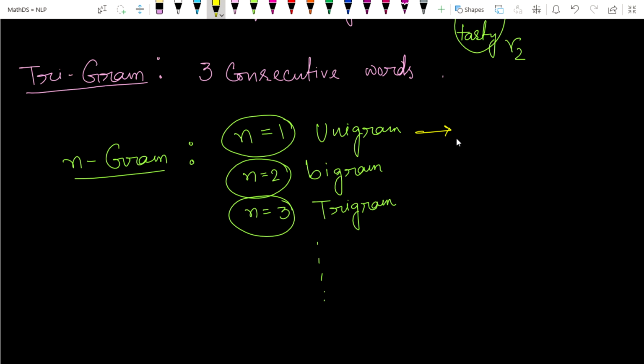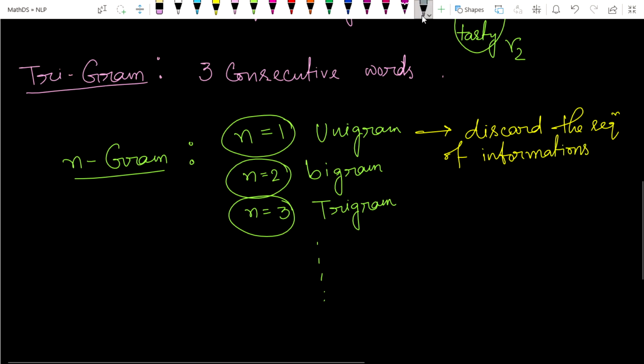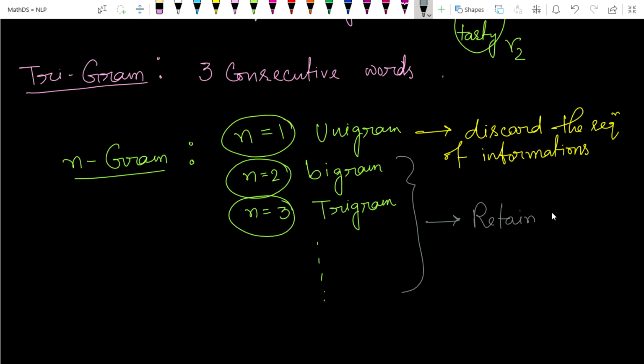If we consider a unigram, it discards the sequence of information. But if you consider bigrams, trigrams and so on, they retain some sequence information, as we have seen.